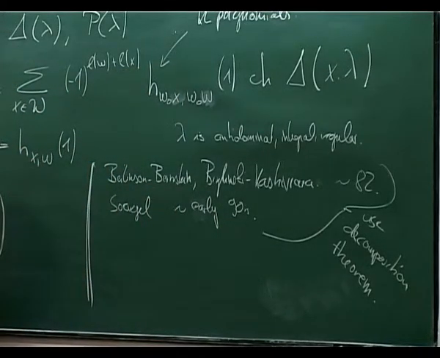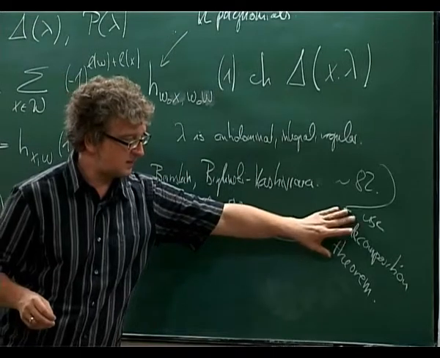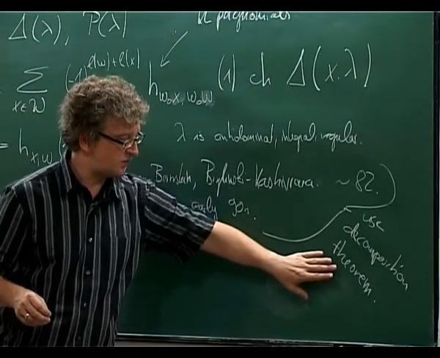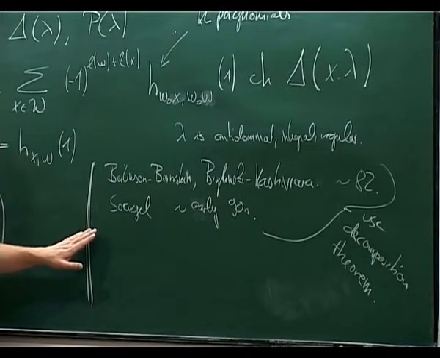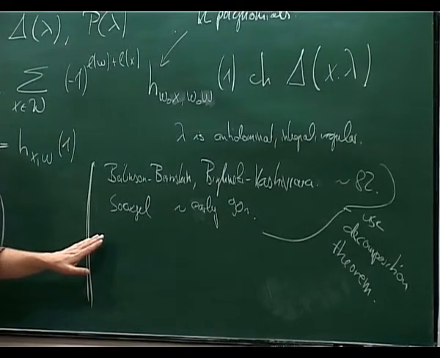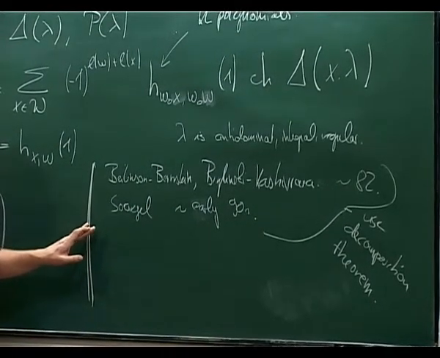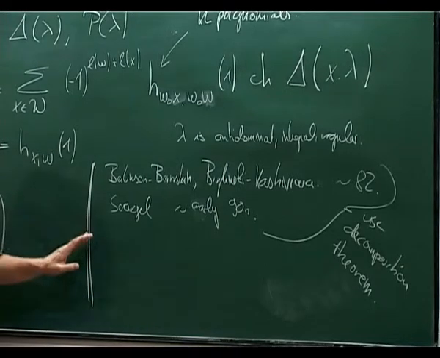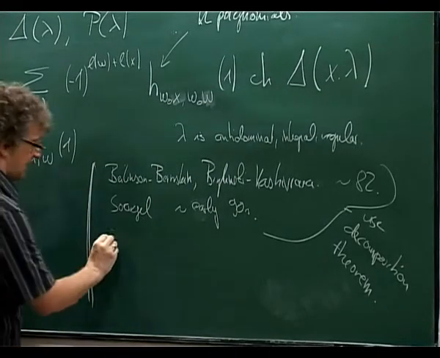And Geordie Williamson and Ben Elias, in a sense, translated the de Cataldo-Migliorini proof into Soergel bimodule language. But if I just say they translated it, I'm not giving them enough credit. It's really an ingenious translation. So that is Elias and Williamson.